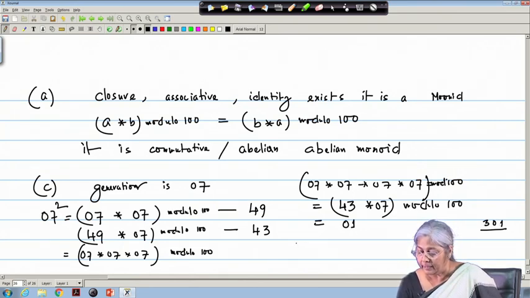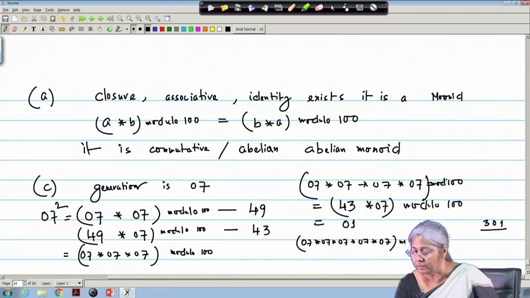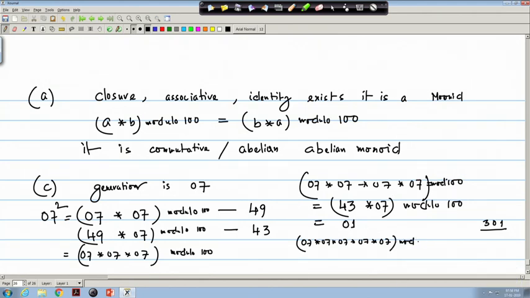Now again, if I increase the power, since I have now got the identity element 01, I will get 01 into 07, which is 07. So, it is cyclic in nature. What I got is the generator 07, then it generates 49, then 43, then again 01, and now it will repeat.